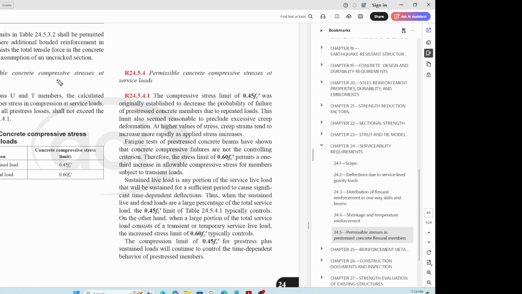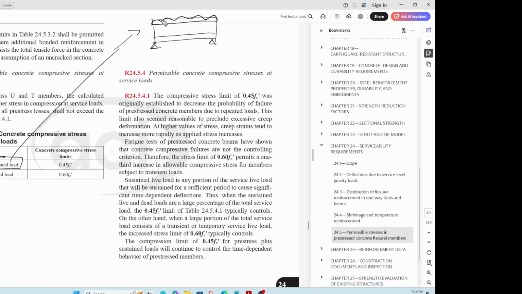Now moving on to the next section, we have this one here. This is talking about permissible concrete compressive stress at service loads. Again you have two scenarios in this table. The code language explicitly says pre-stress plus sustained loads. This is the condition where you did the ribbon cutting, you have your steel wanting to retract and cause a compression, plus you have already supported it, and maybe you have also installed a concrete slab on this beam.